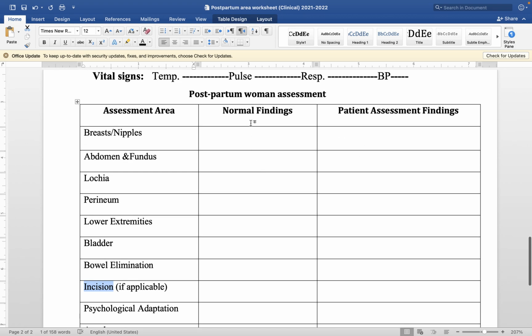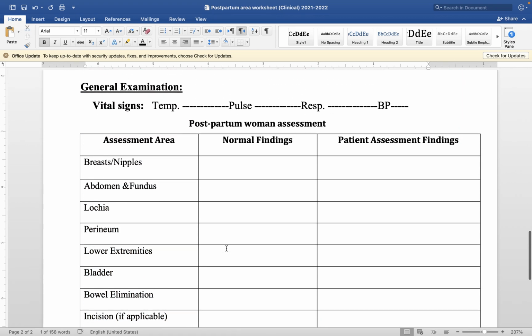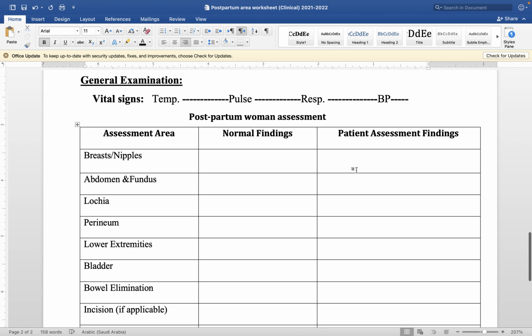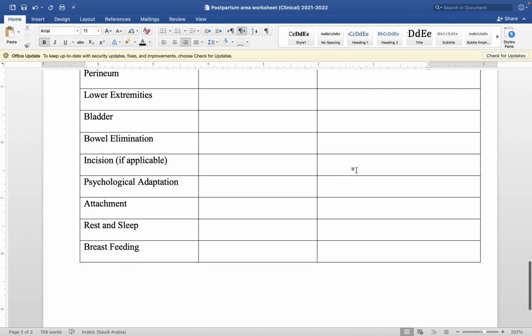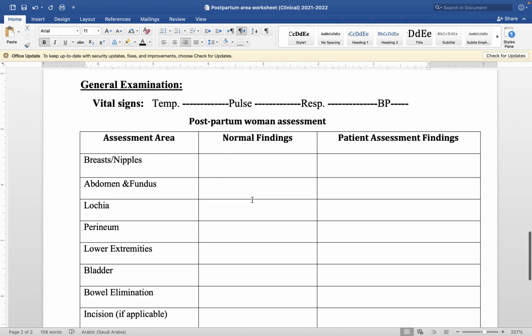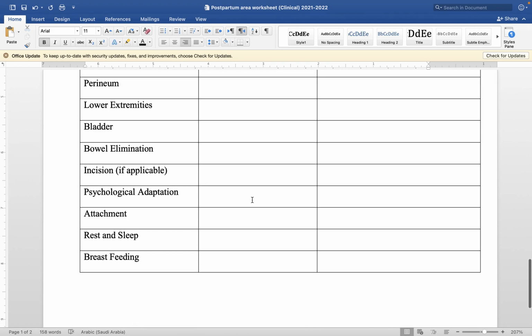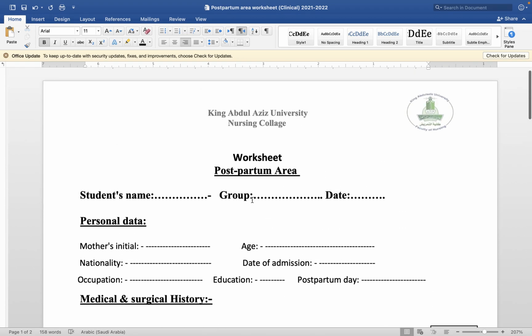So the reason we have two sections is we want to make sure that you understand the normal findings of the physical examination for a normal postpartum period compared to what you will find in your patient when you take care of her. So it's pretty easy, straightforward.